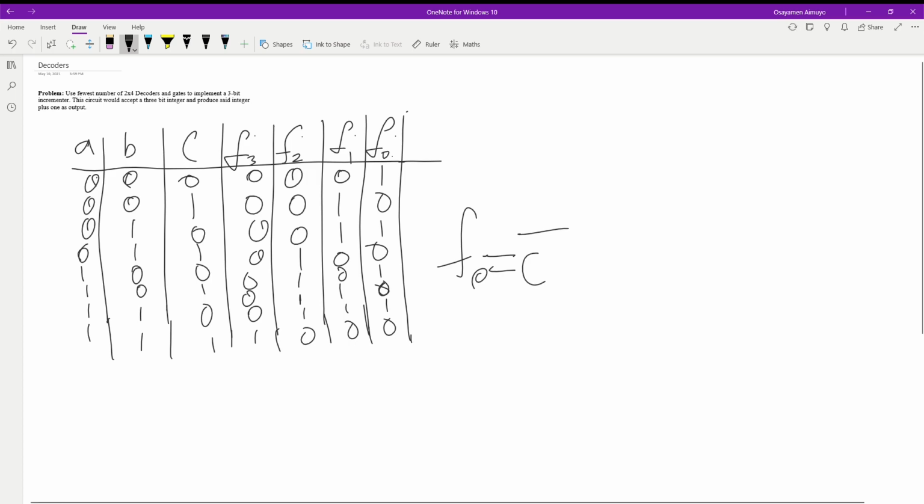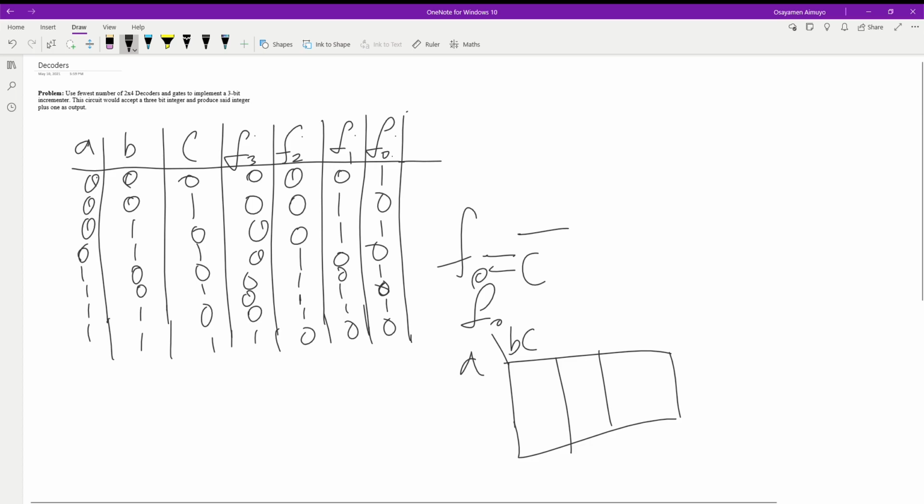Well, let's actually prove that by simplifying using a K-map. In most cases, it might not be possible to simplify with a K-map. If your inputs are more than 4, well, it's not that it's not possible, but it's too complicated. You just have to use Quine-McCluskey.